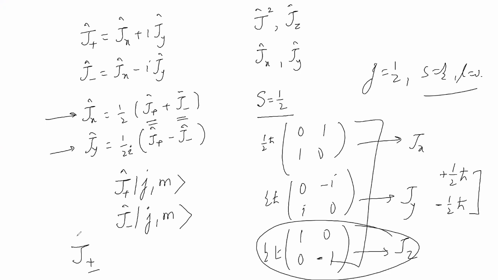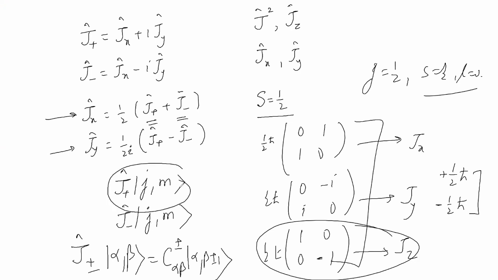Before proceeding ahead, tomorrow our first task will also be to determine this guy, which I have left till now: J plus minus operating on alpha beta gives us a constant and raises the value of beta by 1 unit, or lowers the value of beta by 1 unit, because we want to see how J plus operates on Jm or J minus operates on Jm.